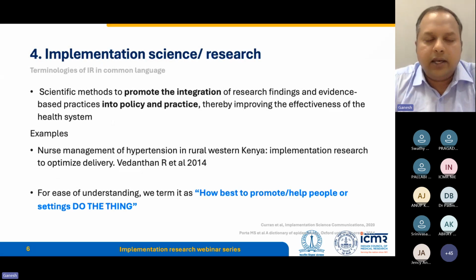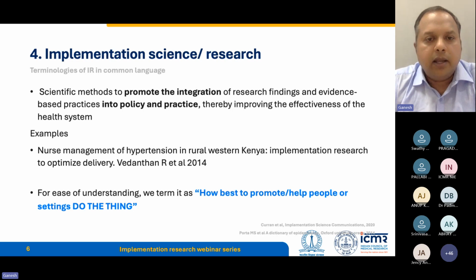The fourth here is implementation research. There are multiple definitions on that, but one of the definitions which is widely accepted here is that implementation research is a scientific method to promote the integration of research findings and evidence-based practices into policy and practice, thereby improving the effectiveness of the health system.